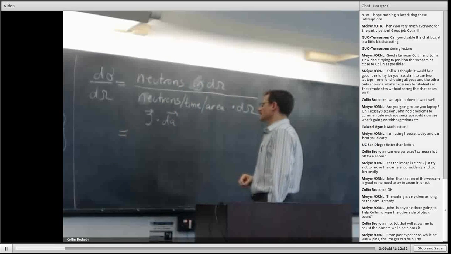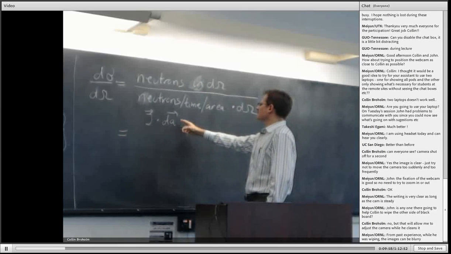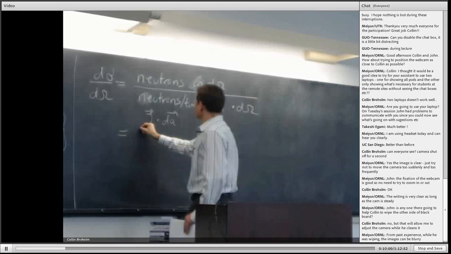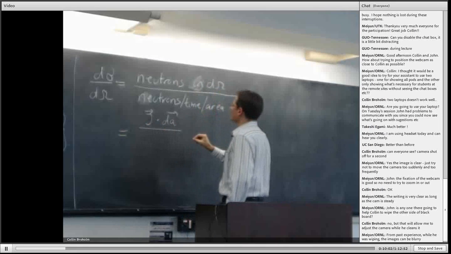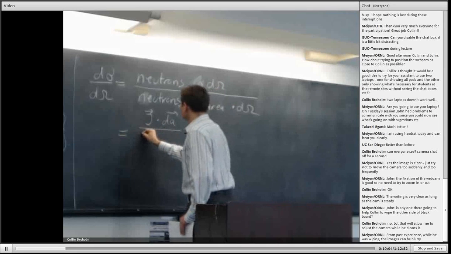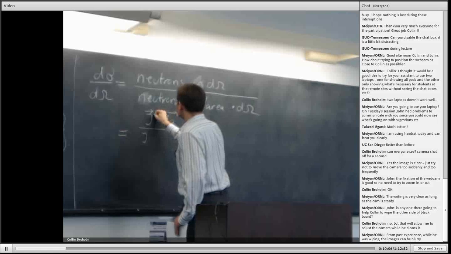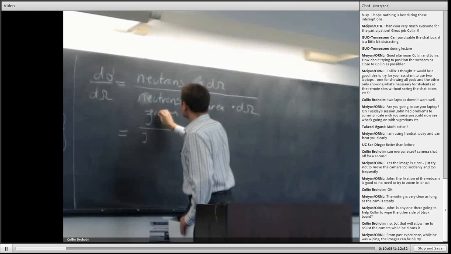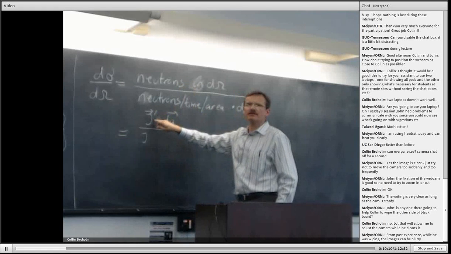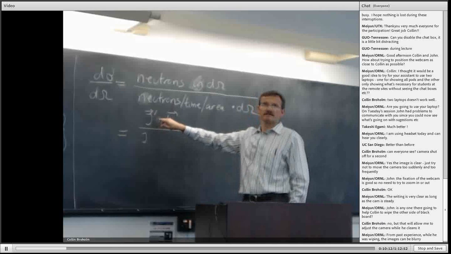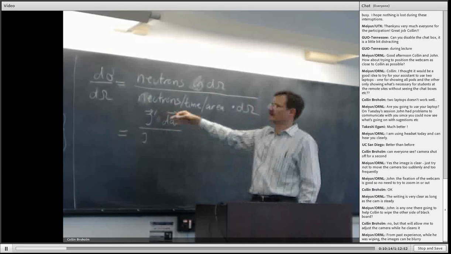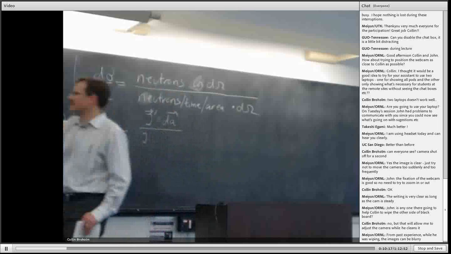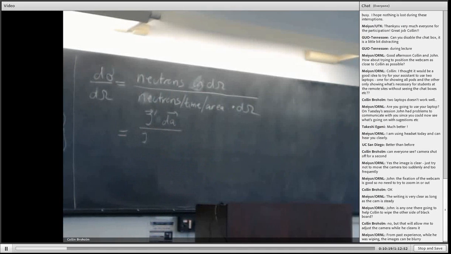This would be the number of neutrons per second. And then I would want to divide by the incident flux, which let's call J prime, because it has to be evaluated close to the detector. It's the same function, but I'm putting an r which corresponds to where that detector is.